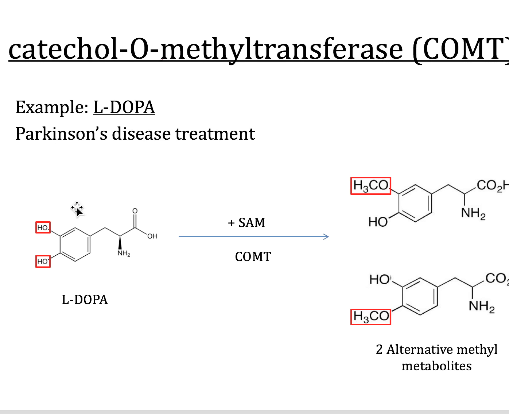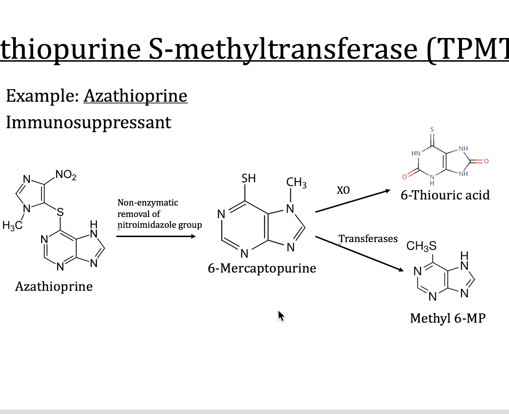So levodopa is an example: SAM can remove the H of the phenol here and add the methyl via COMT. So add the methyl here, and similar here. Thiopurine S-methyl transferase is used with azathioprine, which is an immunosuppressant. The 6-MP is the active form.